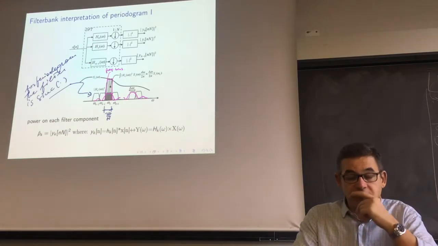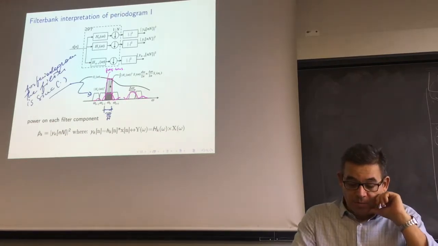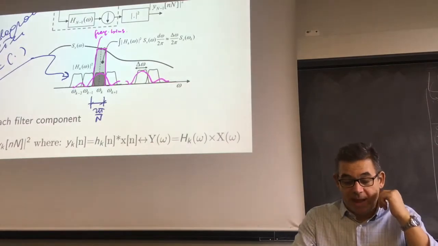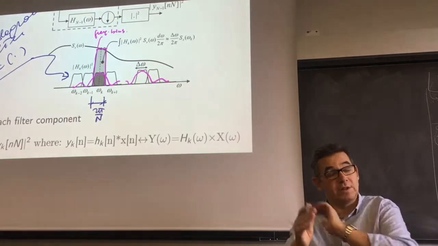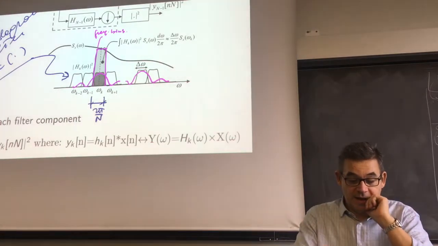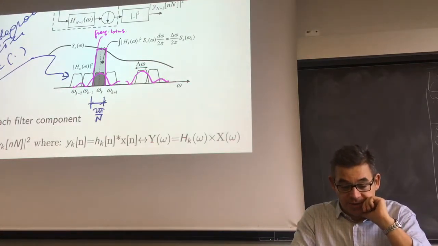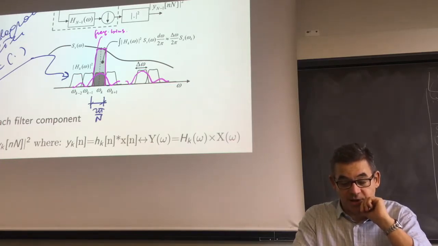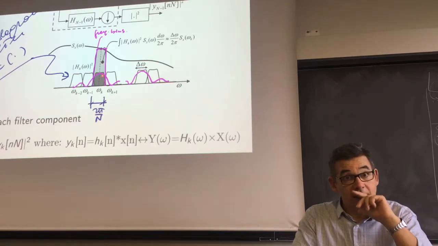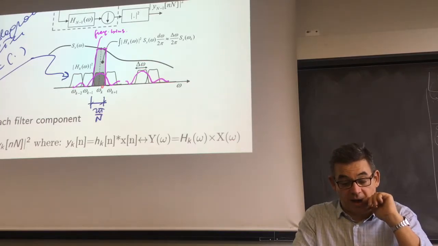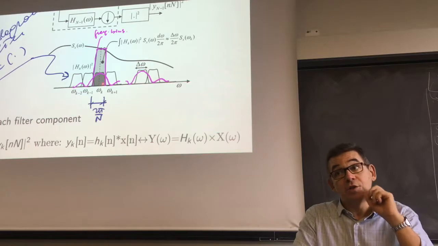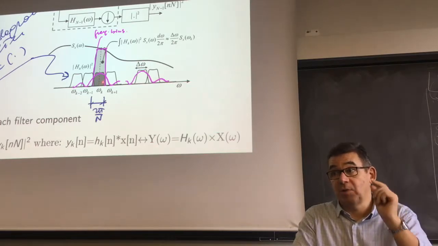Essentially, what the spectral analysis does is the following. I have a bank of filters, many filters. I have filter 1, filter 2, filter k minus 2, k minus 1, and then a filter k at the frequency omega k, where omega k is 2 pi divided by n multiplied by k.